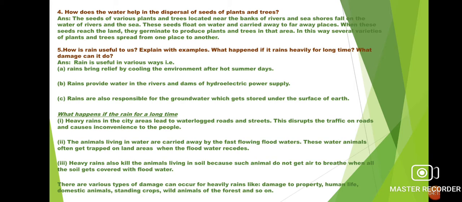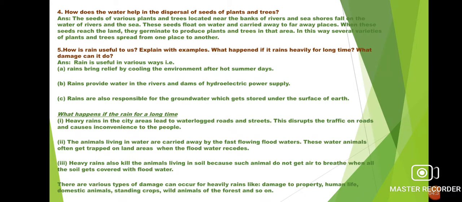So when these seeds reach the land, they germinate to produce plants and trees in that area, of course if it gets favorable conditions for the process of germination. So in this way, several varieties of plants and trees are spread from one place to another, and a uniform natural vegetation in the environment is maintained.